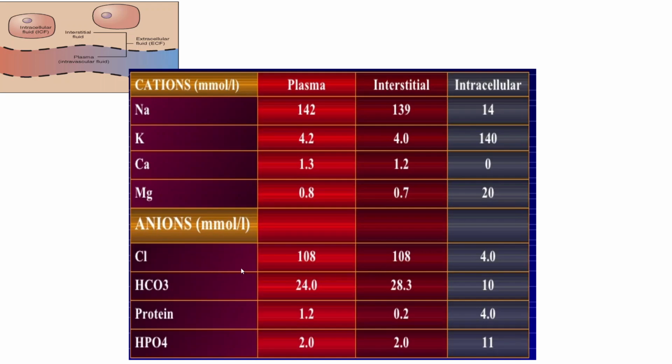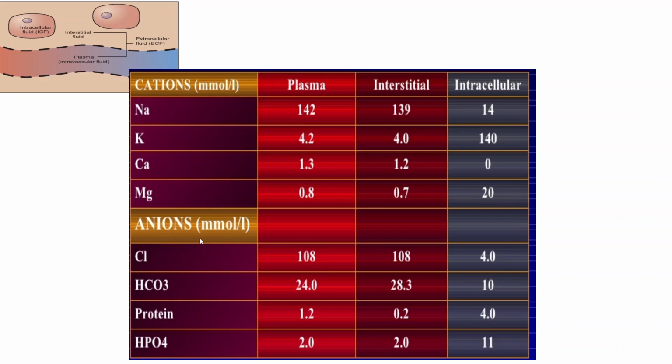Along with that, it's not only the water which is important. The water is maintained in these compartments, like the vessels, the intracellular compartment or the extracellular compartment, due to the presence of the electrolytes. The electrolytes mainly present in the body are sodium, potassium, calcium, and magnesium, which are positively charged cations.